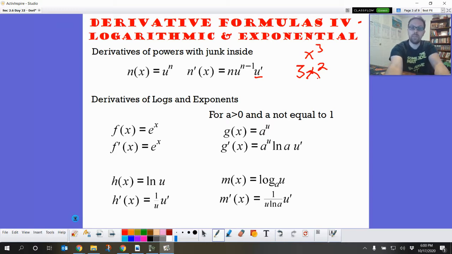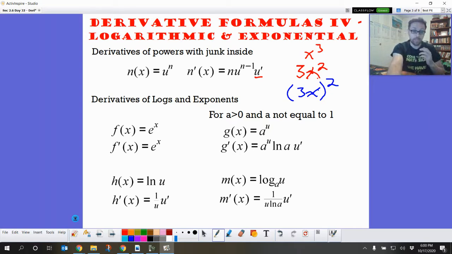This is more coming into play when we are doing stuff like (3x) squared. Okay, now we get 2 times 3x to the 1 multiplied by the derivative of what's inside of there. Now, really, we could just square the 3, square the x, and then ignore all that nonsense, but we might not always be able to do that.